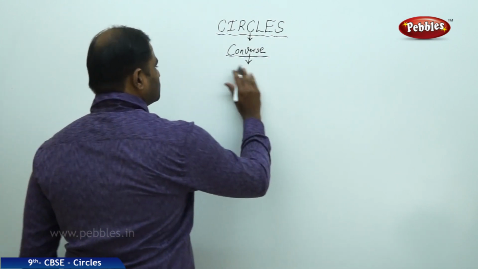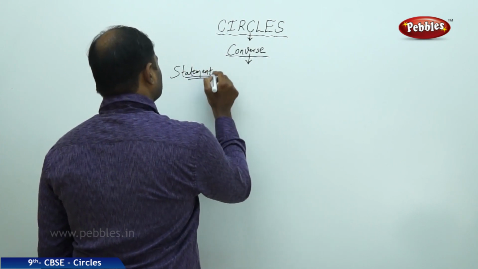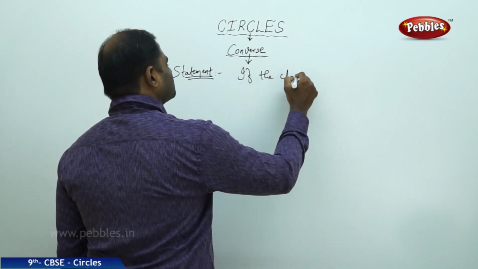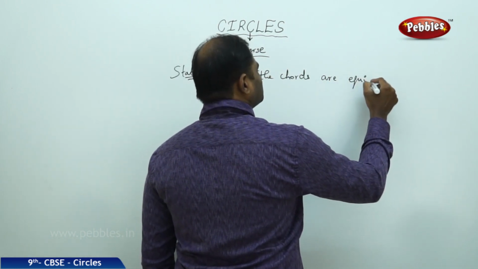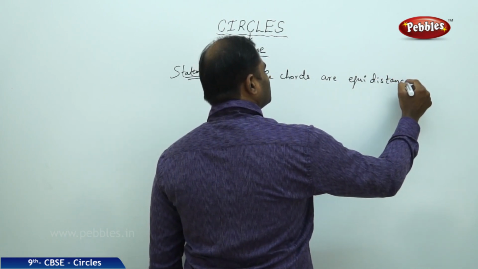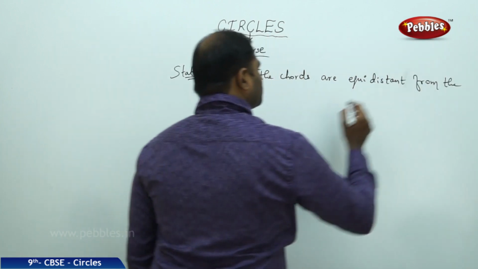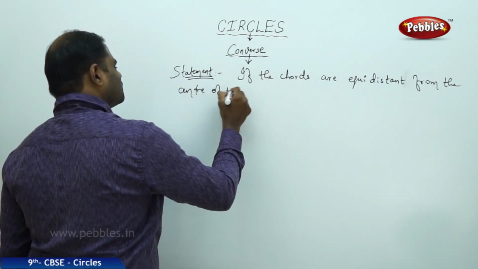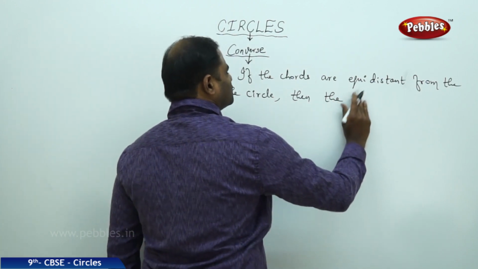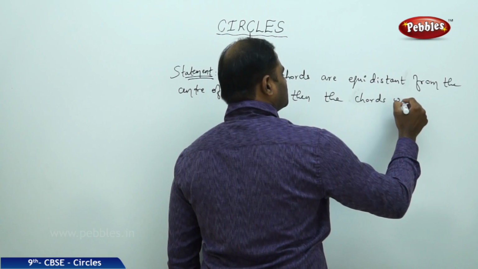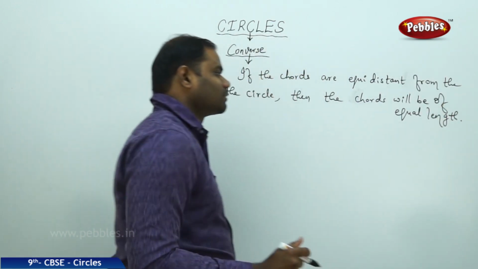That is, the statement for the converse says, if the chords are equidistant from the center of the circle, then the chords will be of equal length.